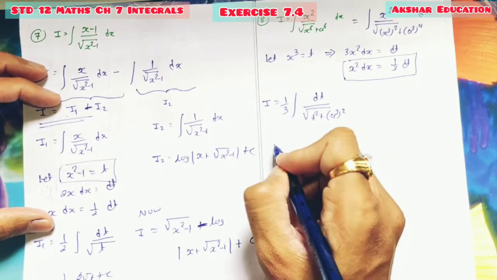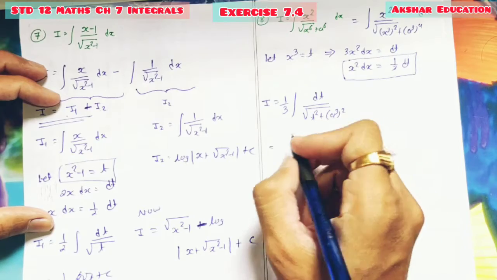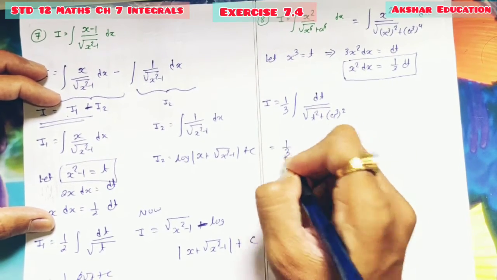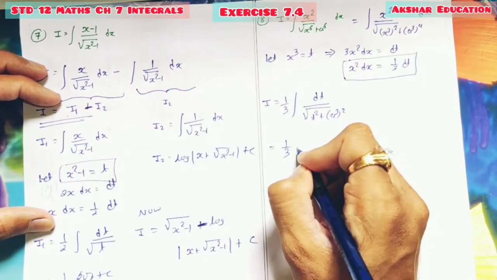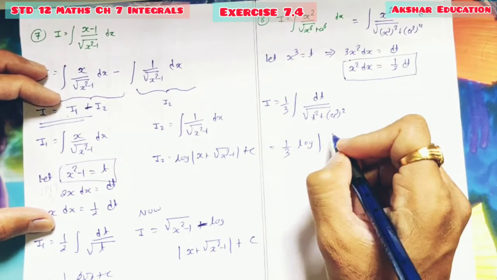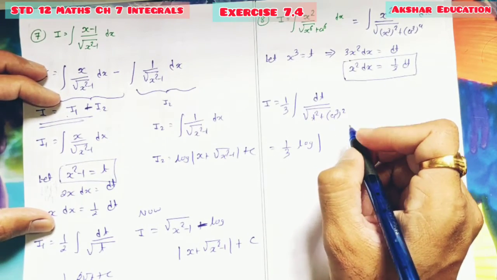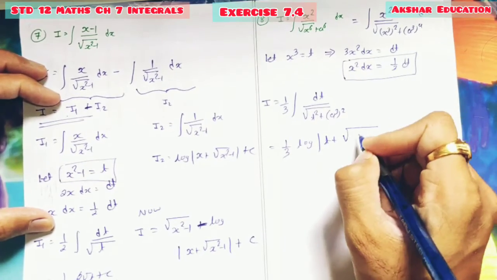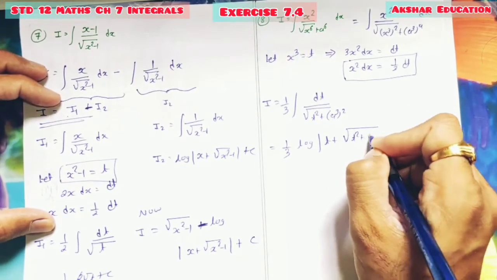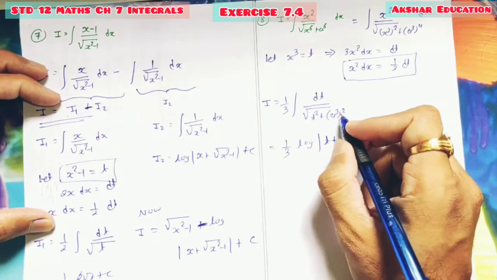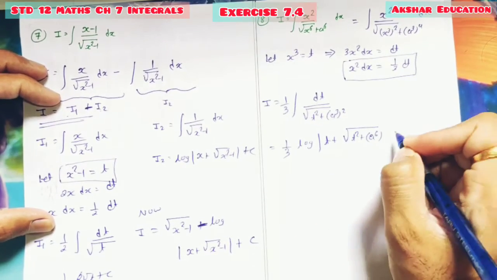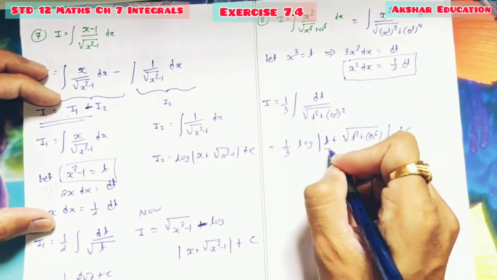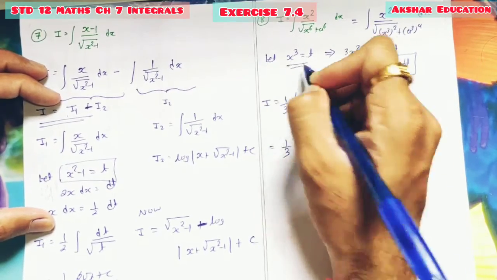So integration is 1 upon 3 log mod x plus square root of x square plus a square. x is our t, so t plus square root of t square plus a cube whole square, directly write a raised to 6 plus c, and replace this t with value x cube.